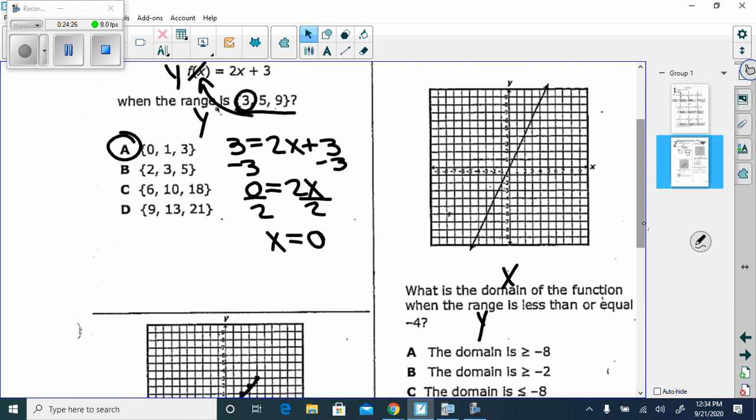So what I need to do is go in and identify y at -4. -4 would be right here. Okay, so I'm going to draw a line right there because it says we're only worried about less than -4. Would less than -4 be above or below that line? Below. So we don't care about anything above.